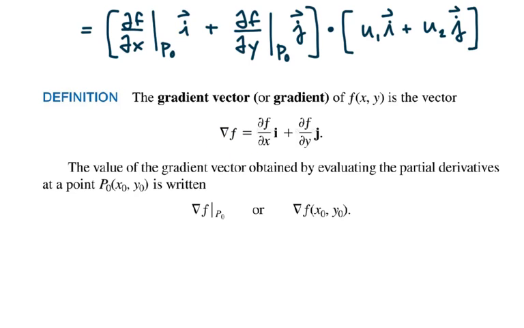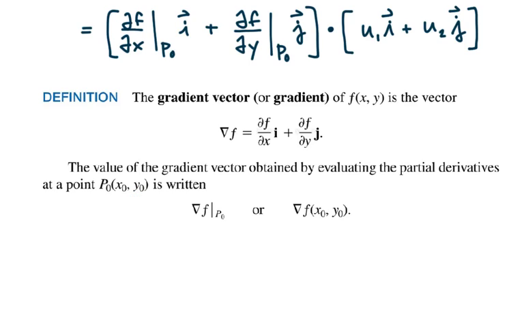So the gradient vector is represented by the partial of f with respect to x times the vector i plus the partial of f with respect to y times the vector j. The value of the gradient vector is obtained by evaluating these two partial derivatives at that point.